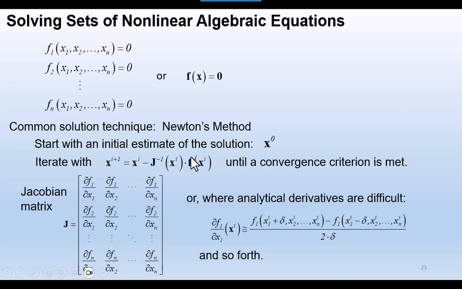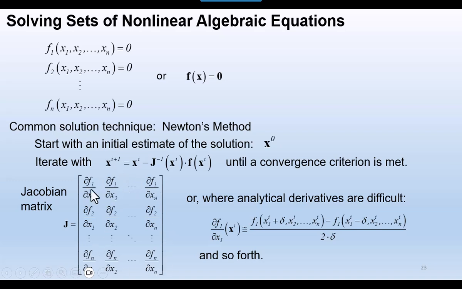And we do that, and we repeat this until we converge. Now, the Jacobian matrix is a set of derivatives of each equation by all of our unknowns. Now, all of the unknowns may not appear in each equation, in which case some of these partial derivatives may be zero.